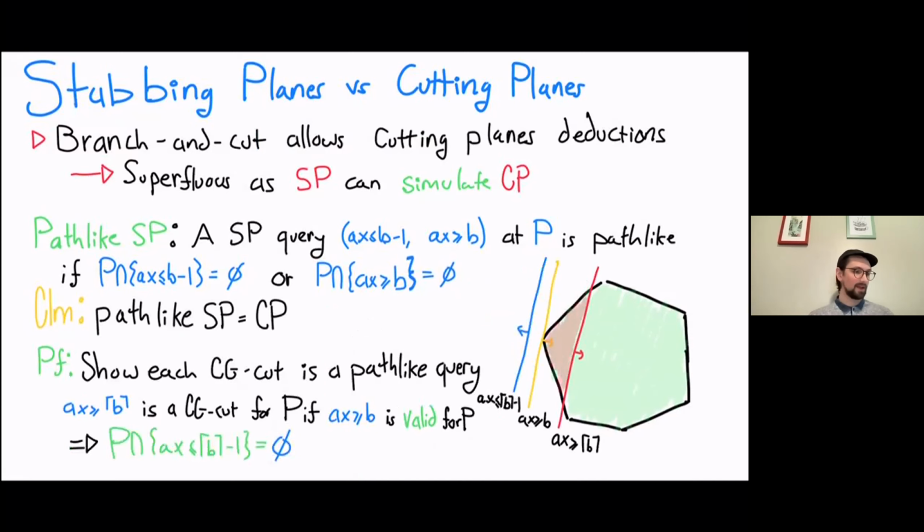If ax greater than or equal to b is valid, then ax less than or equal to the ceiling of b minus 1 is going to be the empty polytope. This shows that the query where you take ax less than or equal to the ceiling of b minus 1, or ax greater than or equal to the ceiling of b, is a path-like query, and that shows that they're equivalent.